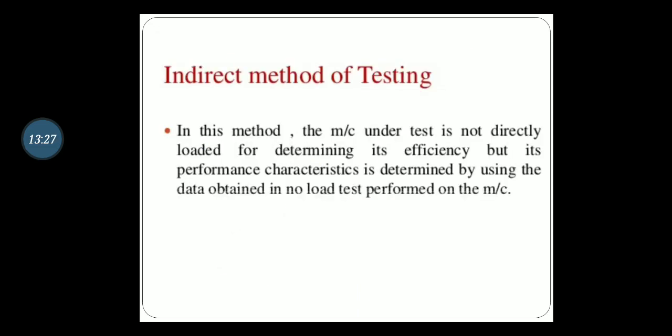Now the indirect method of testing. This method consists of measuring the losses and then calculating the efficiency. The simplest of the indirect tests is the Swinburne test. The Hopkinson test is commonly used under this method on shunt motors. This method also enables the determination of losses without actually loading the machine.